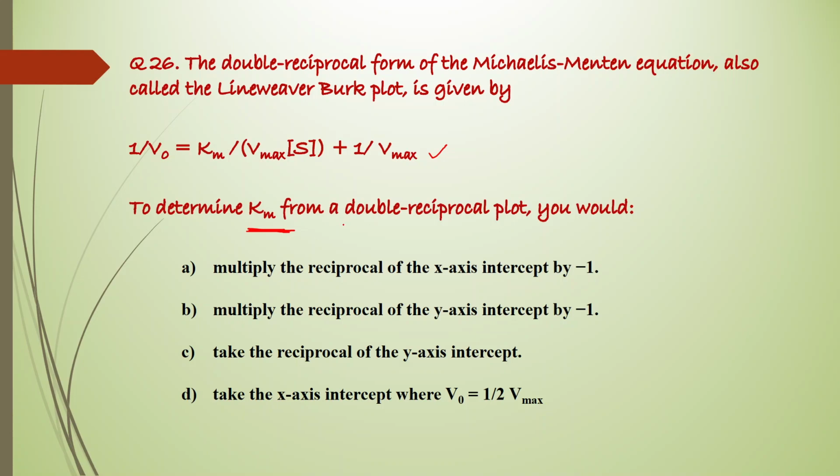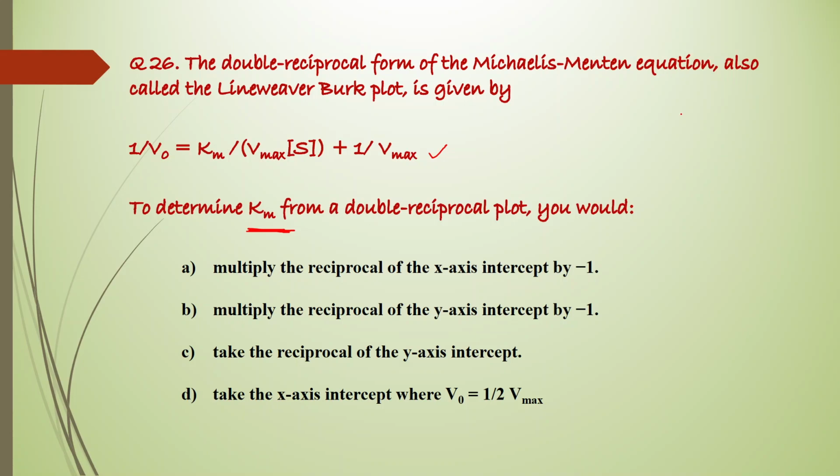Fine. Okay. So the first option states you can multiply the reciprocal of the x-axis intercept by -1, multiply the reciprocal of the y-axis intercept by -1, take the reciprocal of the y-axis intercept, or take the x-axis intercept where v0 equals Vmax by 2. Okay, these are the four options.